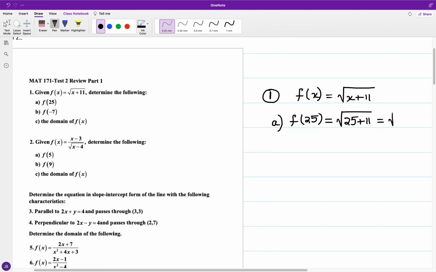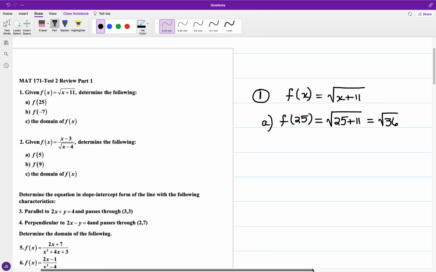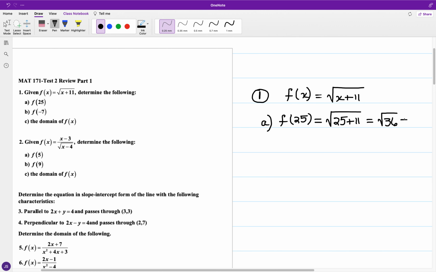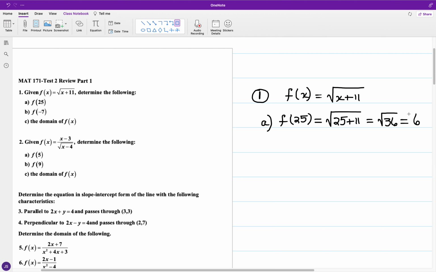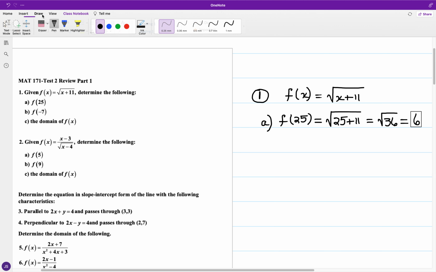And 25 plus 11 is 36, and 36 is a perfect square number, so f of 25 reduces to 6. In the case of part B, we're looking at f of negative 7.